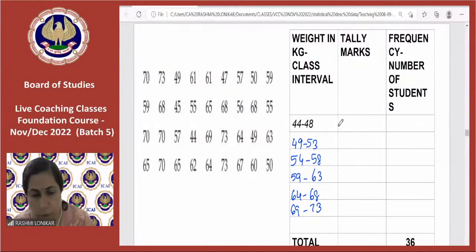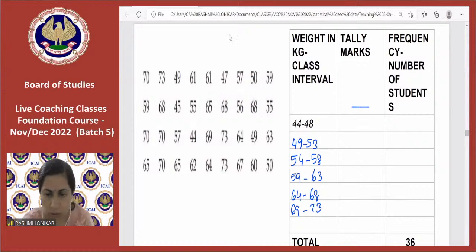Now I put in the tally marks and I will get the frequency or number of students.